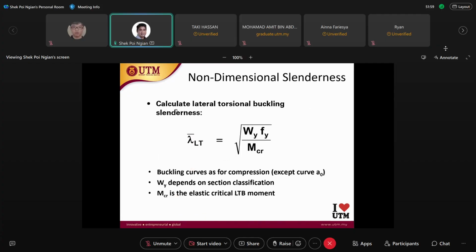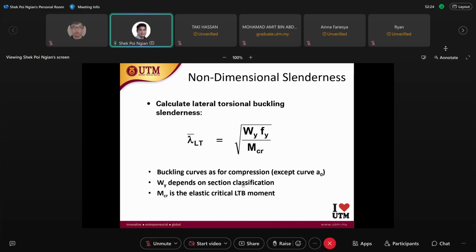Okay. So just now we have the non-dimensional slenderness lambda LT bar. To calculate the non-dimensional slenderness, the formula is lambda LT bar equals the square root of W y fy divided by MCR. W depends on the section classification.